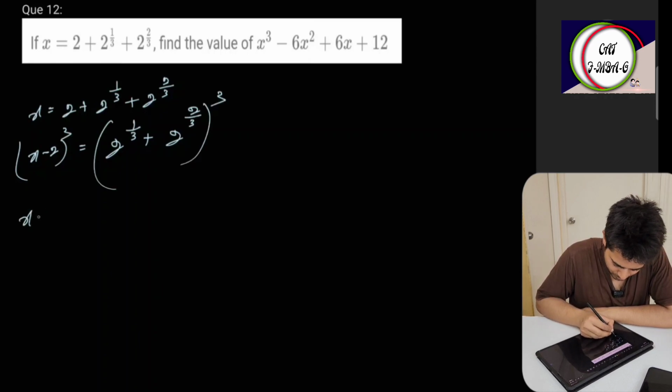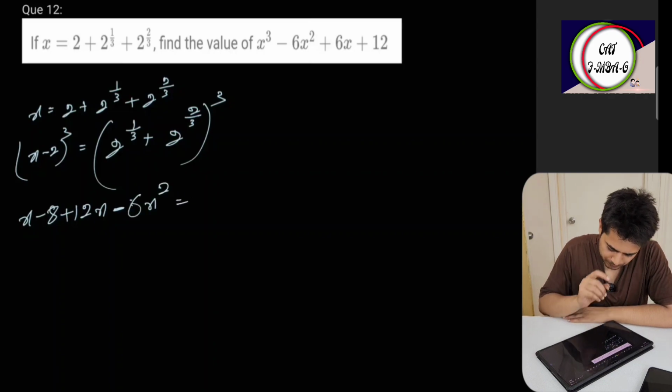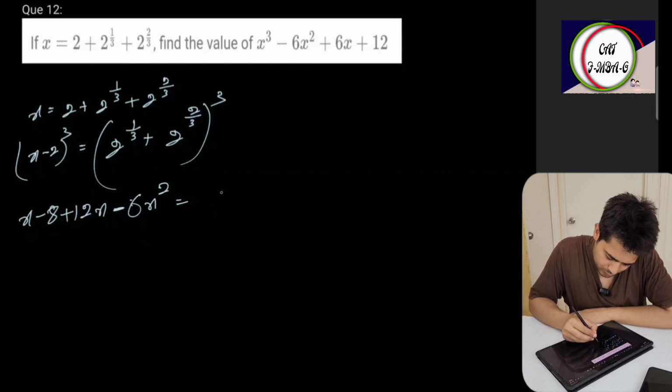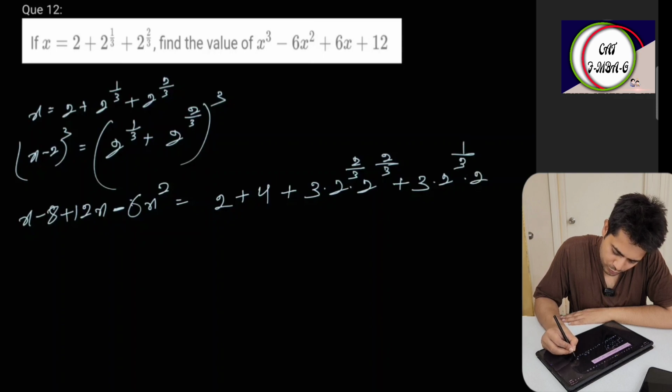So a cube plus b cube plus 3 into a square into b plus 3 into a into b square is equal to a cube plus b cube plus 3 into a square b plus 3 a b square.